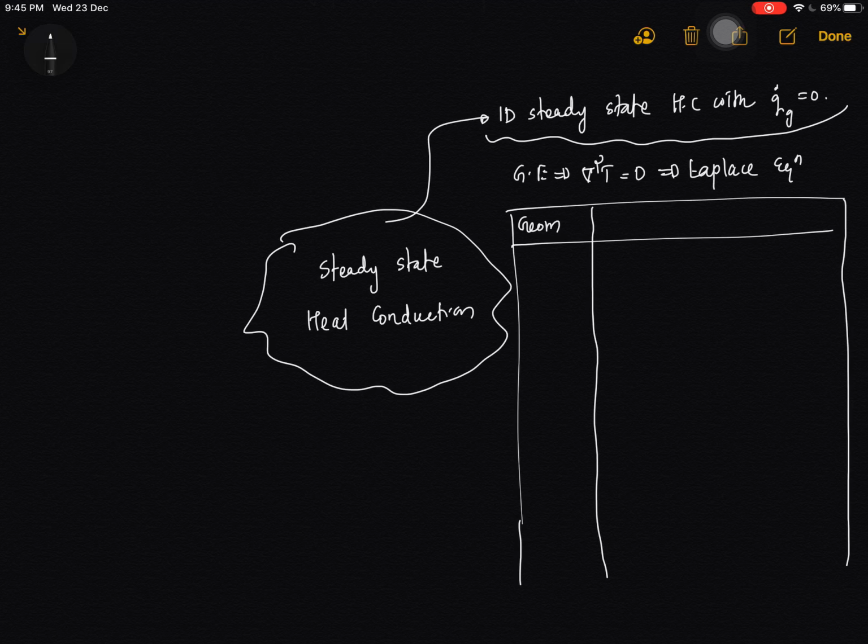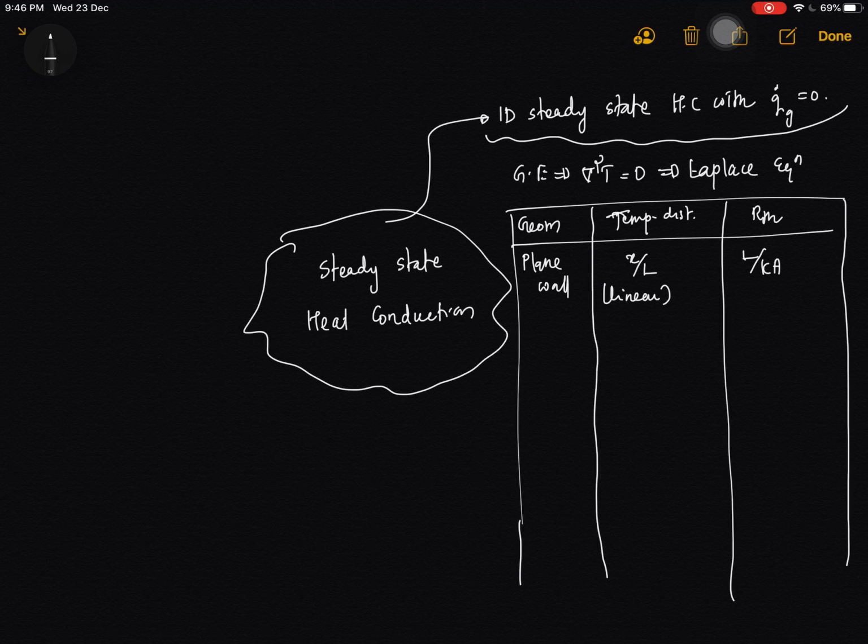The first column is geometry, then temperature distribution, and then thermal resistance R_TH. The first geometry was the plane wall, and for the plane wall the temperature distribution is linear in nature, and the thermal resistance is L by K.